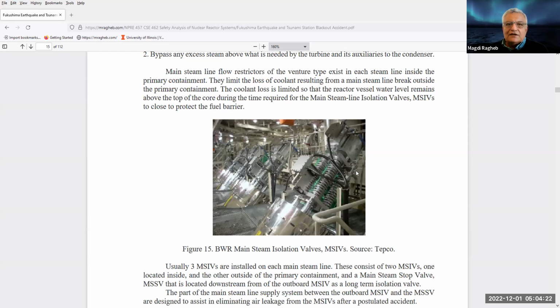A flaw in the design that we can suggest is that the pressure in the containment was so high that those valves were not able to open up and relieve the containment atmosphere to the environment.